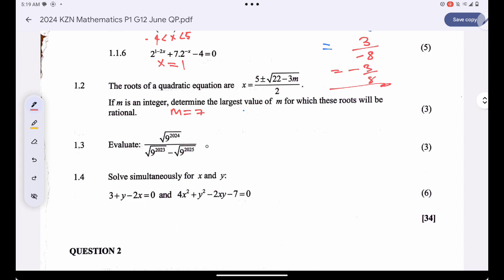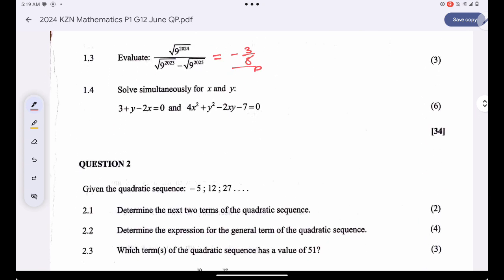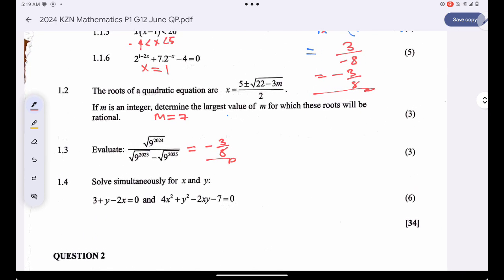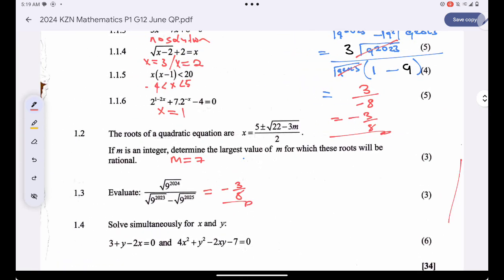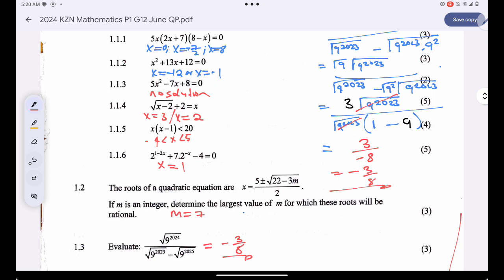So when I write here, I'll simply write this thing is equal to negative 3 over 8. Okay, now I have two equations which I must solve simultaneously. Let me do this.